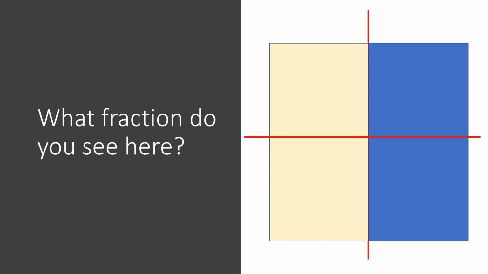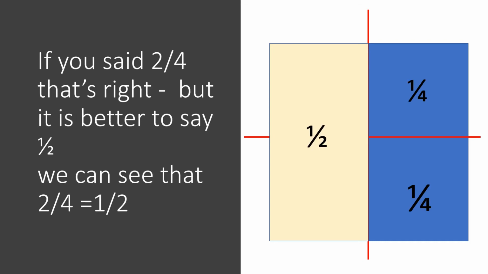What fraction can you see here? Okay, so you might have said 2 over 4, which is right in a sense. We split our shape into 4 pieces and we had 2 of them. But I hope you can see from the picture that we could also have said 1/2.